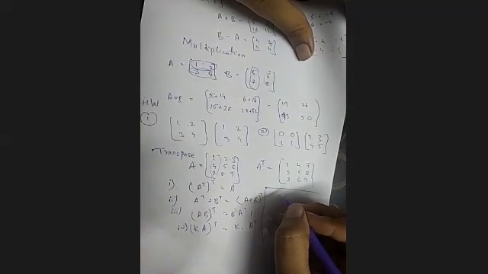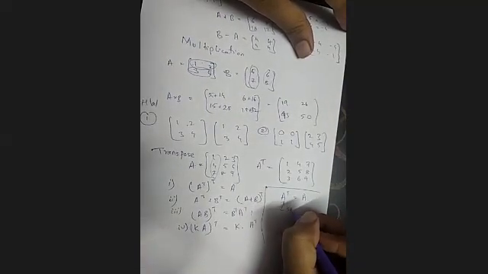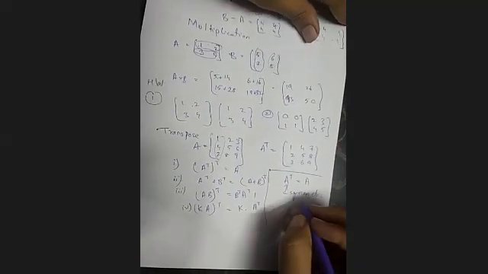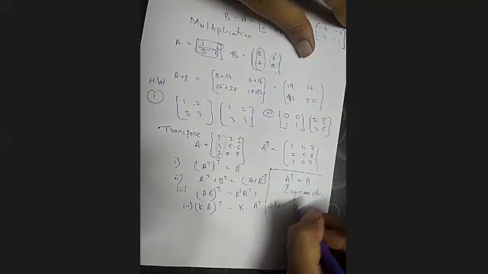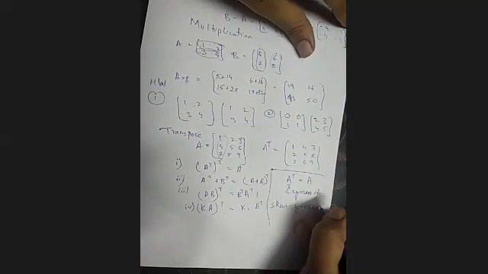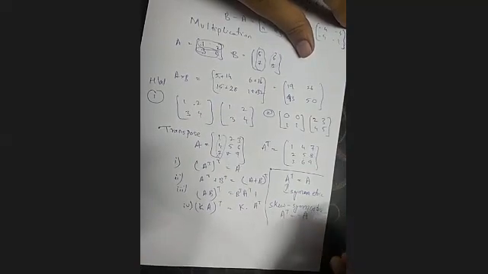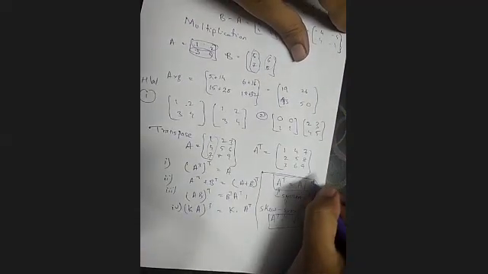A square matrix is said to be symmetric if A transpose is equal to A. But if it is skew symmetric, then A transpose will be equal to minus of A. Okay, this is an important concept.